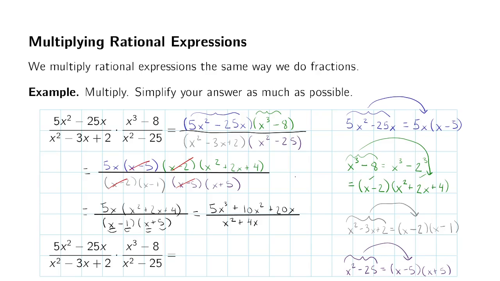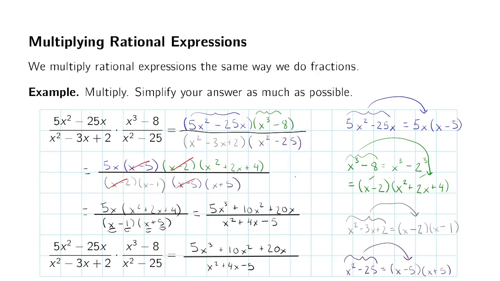And then we've got negative 1 times 5, minus 5. Our product of two rational expressions then is 5x to the third plus 10x squared plus 20x all over x squared plus 4x minus 5.